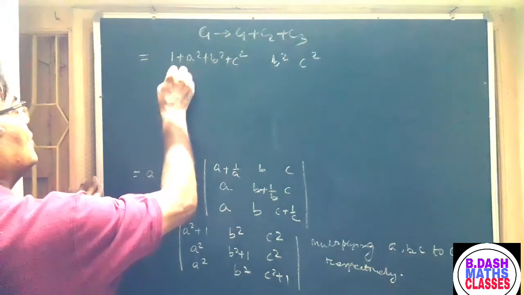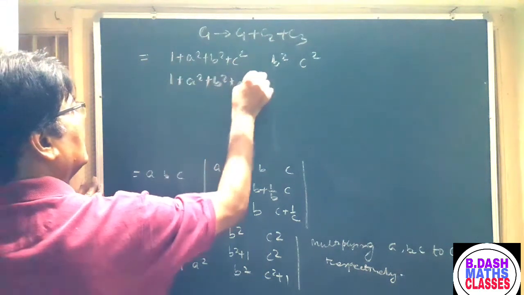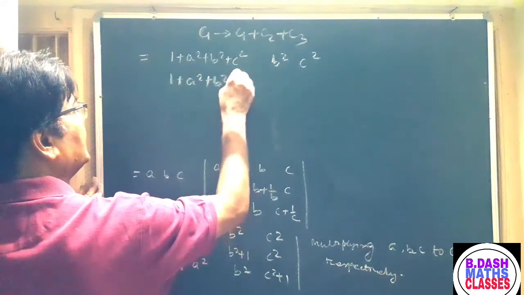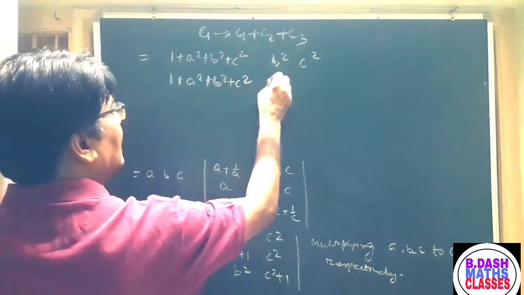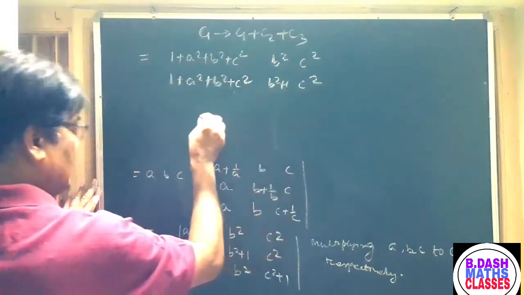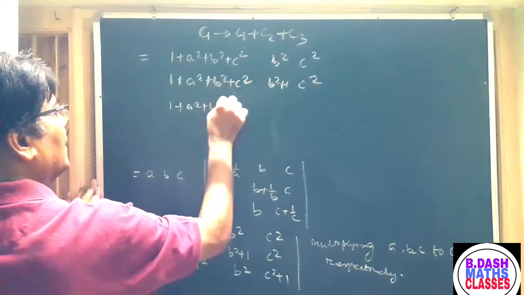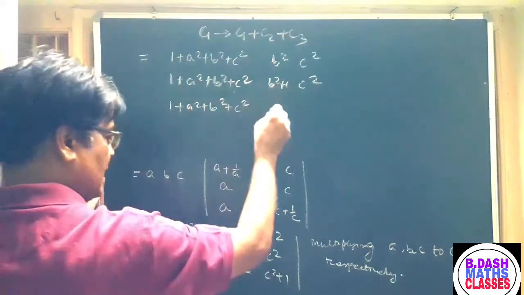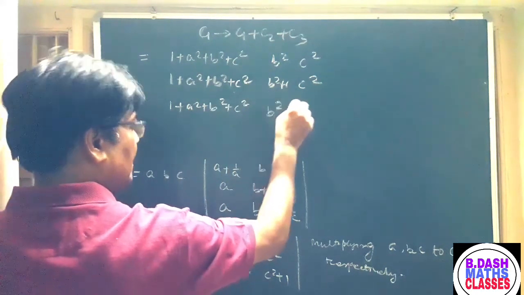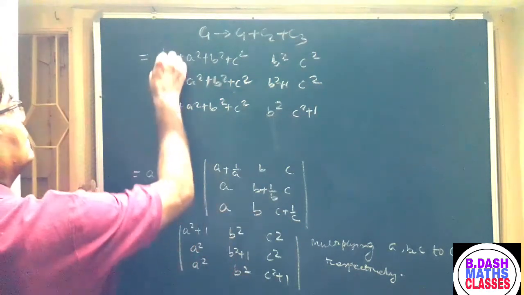And here again we will get a square plus b square plus c square, and this is b square plus 1, c square. And this will be again 1 plus a square plus b square plus c square, b square, c square plus 1.